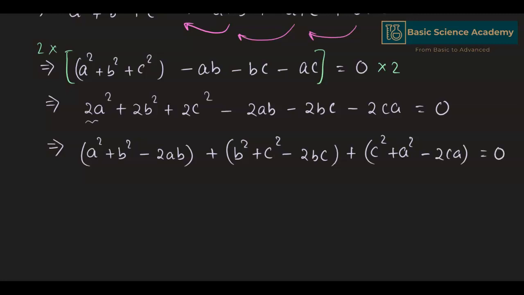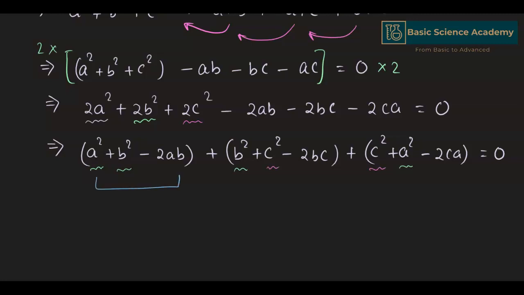Because here we just split 2a square into a square plus a square, 2b square into b square plus b square and 2c square into c square plus c square.